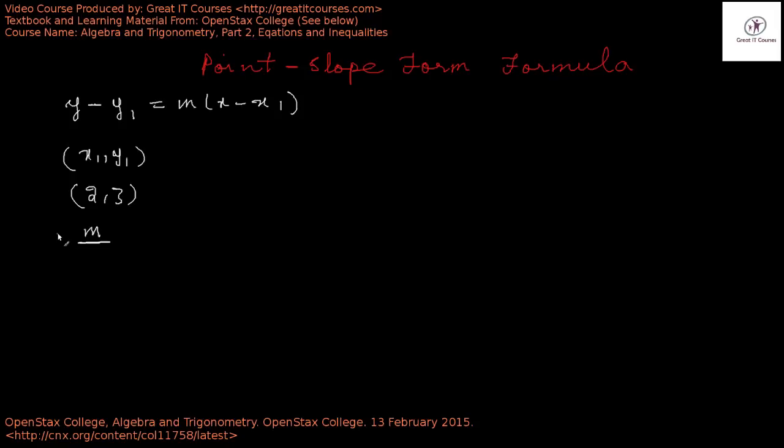You know that already as well. So you have these two pieces of information. For example, you know that your m is equal to 2, and you know that the point (2, 3) is on the line, and then you want to figure out what the equation of the line is.